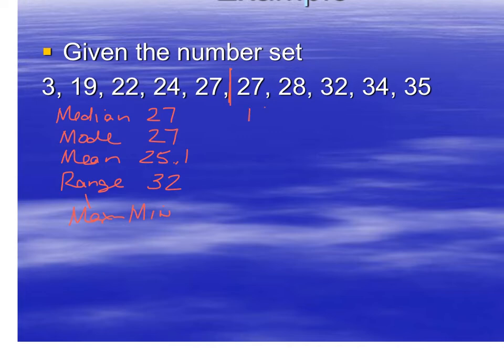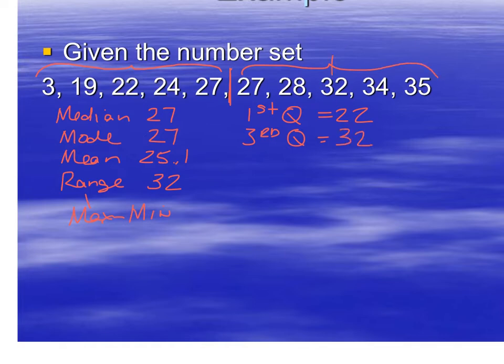All right, the other stats that we've talked about: the first quartile is the median of these 5 numbers. There's 5 of them, so the middle is 22. That's your first quartile. Your third quartile would be the median of these 5, and that would be 32. Therefore, our IQR is 10, third quartile minus the first quartile.